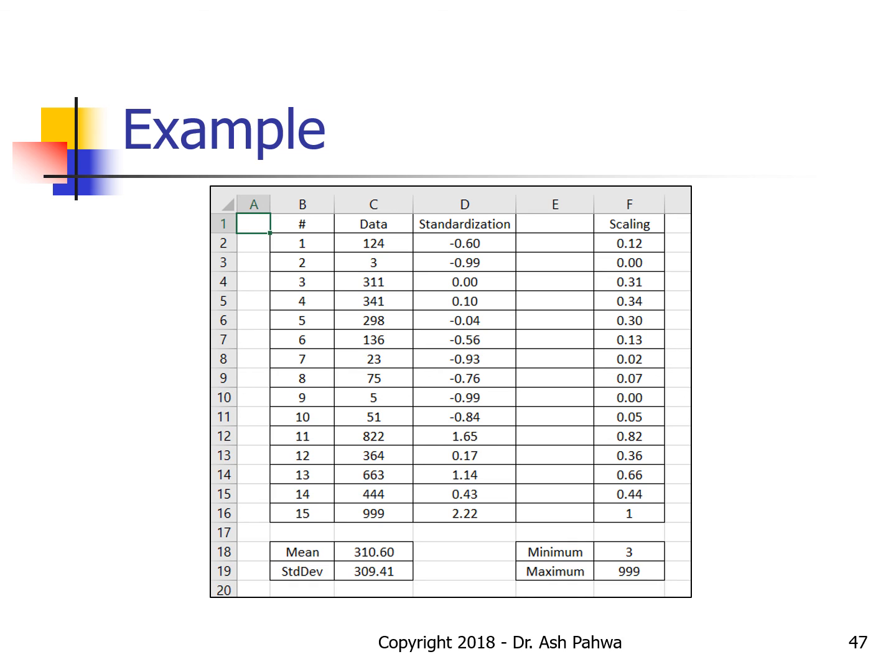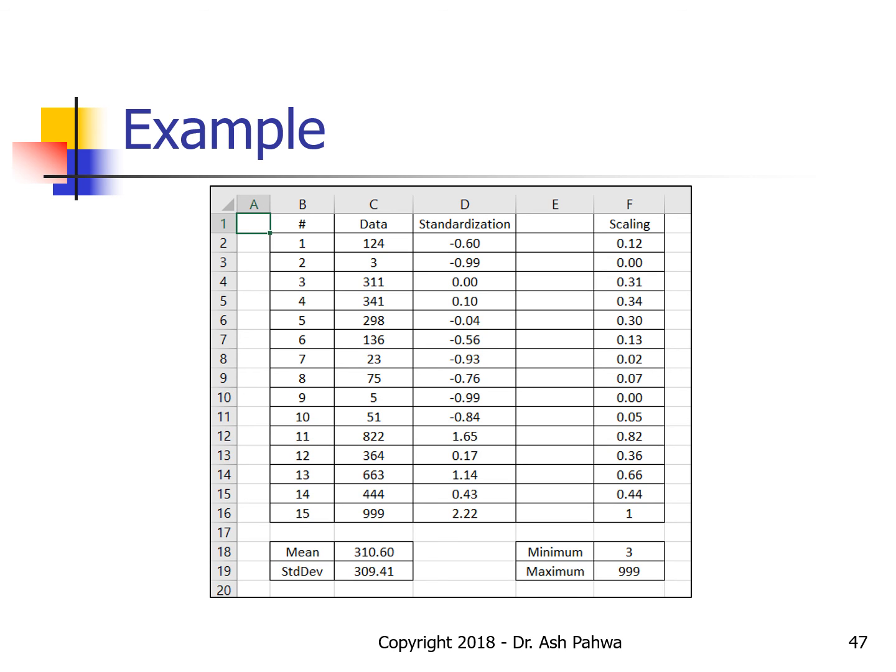Using my mean and standard deviation, I can compute my standardized values. As you can see, these values are -0.60, -0.99, 0, 0.10, and so on, and they are going to vary from -3 to +3 because these are z-values.